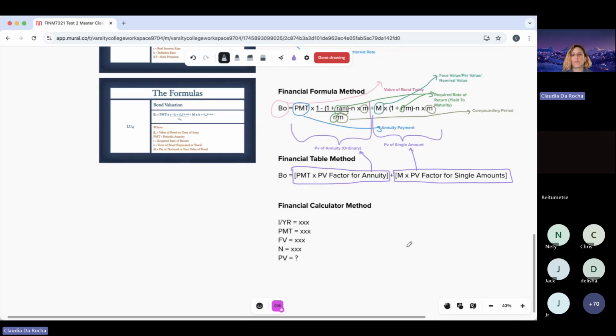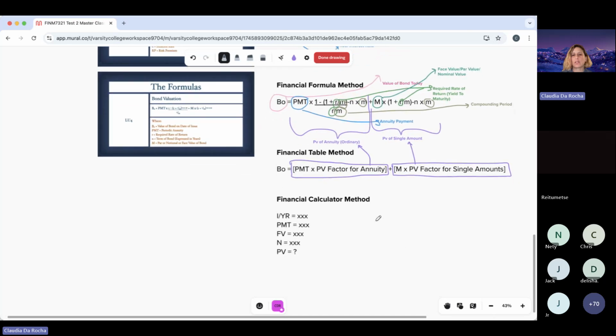Then we have our financial calculator method, which is where you note down the different elements and the calculations. It's very important to show these, as well as the calculations, because you get marks for showing them. When you're dealing with a compounding period, there is an option to put periods per year, P/YR, but I've opted not to include it here because I know with the shops, using periods per year can be tricky.